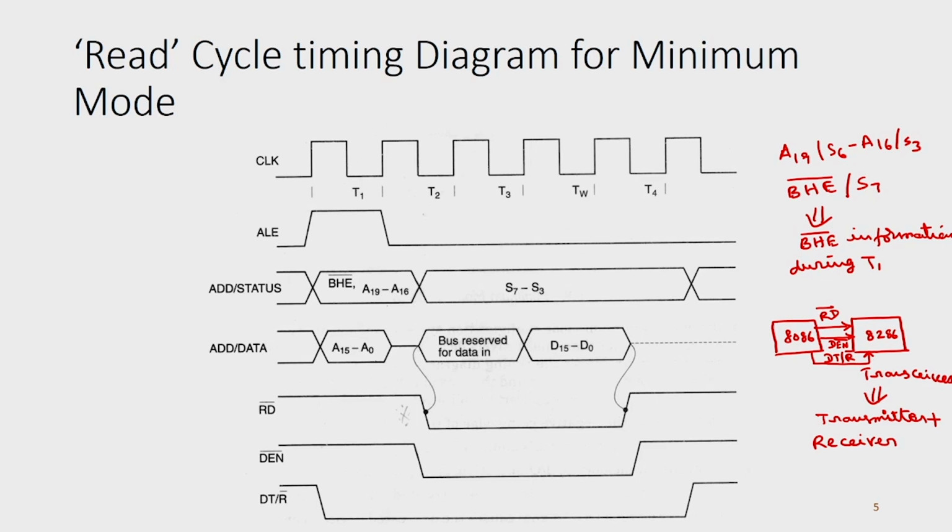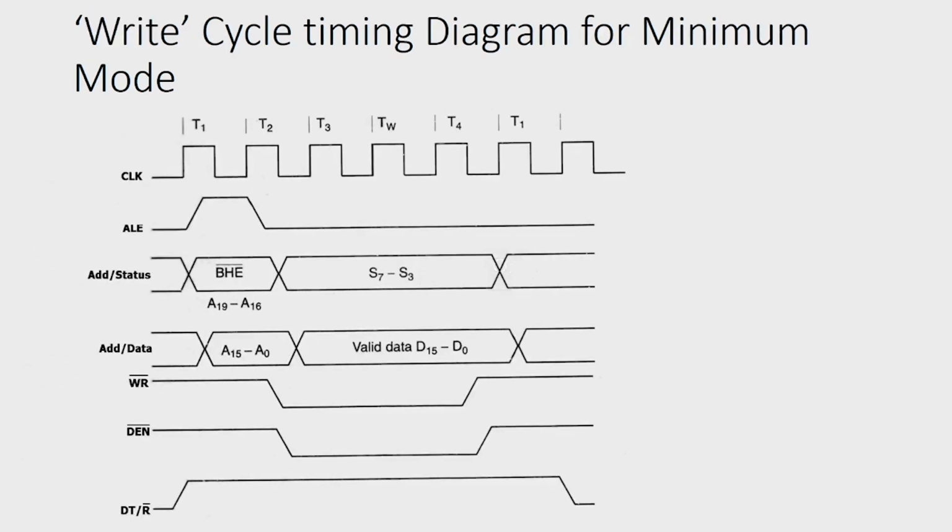The difference between read and write is that in case of a read operation, DEN bar goes low during T2 and stays low up to the T4 cycle. Whereas in case of a write operation, DEN bar is low during T2, but here it goes low earlier than in the read cycle.